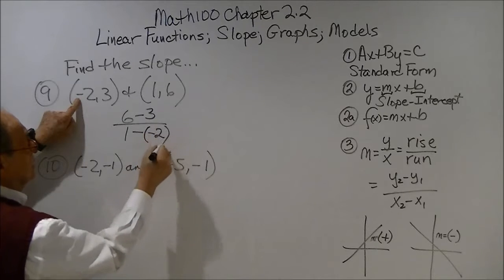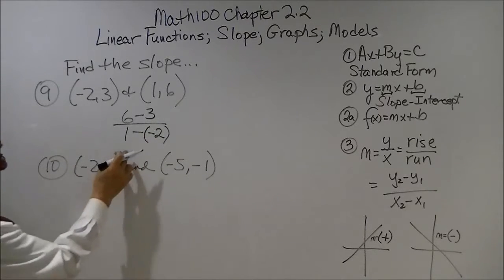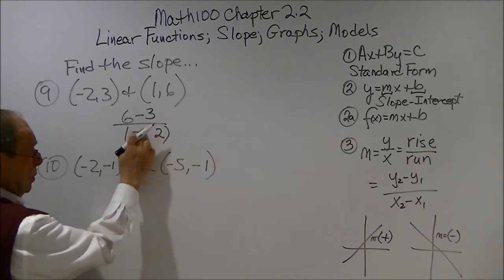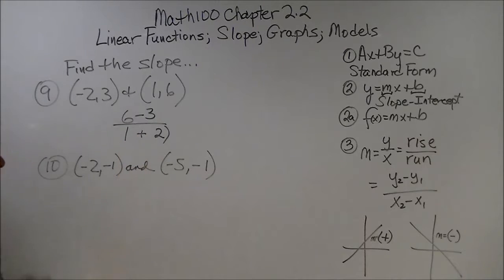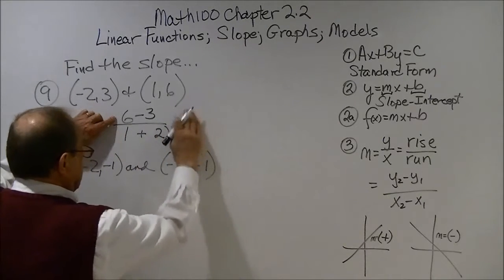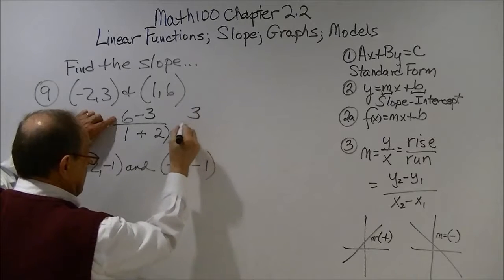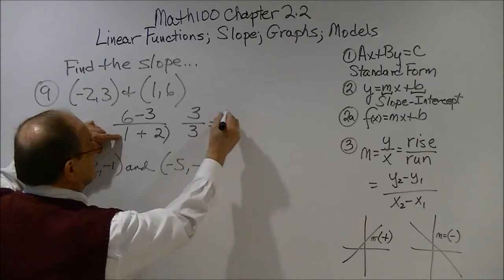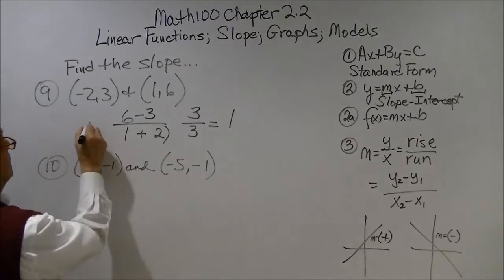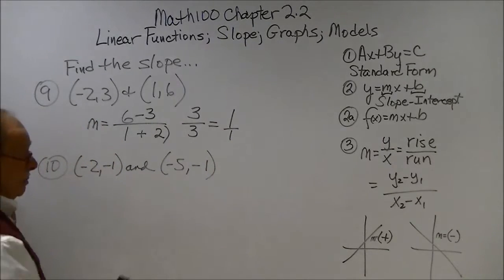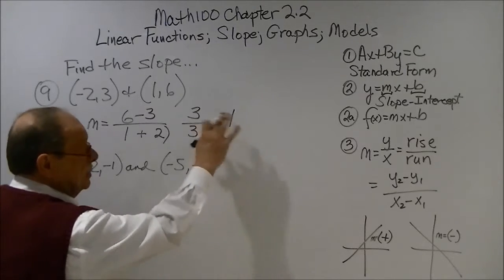So put that in a parenthesis. Or, when you're writing it, if you see it's the opposite of a negative, right away you can make that a positive, like so. When you have two negatives like that, you can do that. So this is going to become 6. 6 minus 3 is 3. And then 1 plus 2 is 3. So here the slope is 1. And remember, that's in a sense 1 over 1. But don't put this here. We're just going to use that when we're graphing.